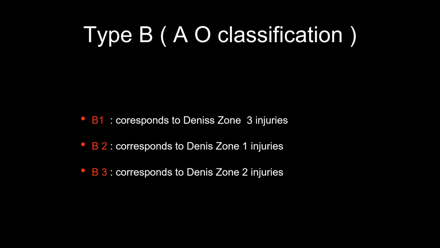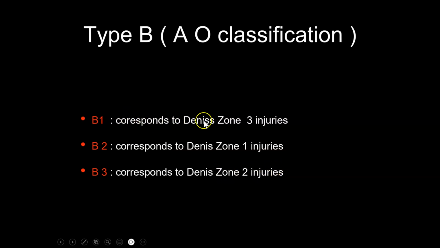Type B is very simple. As we said, A was talking about transverse fractures. Type B is talking about vertical fractures. B1 corresponds to Dennis zone 3, you remember it is injuring medial to the foramina in the spinal canal, and B2 corresponds to Dennis 1, which is lateral to the foramina, vertical, and B3 is a Dennis zone 2 injury involving the foramina.